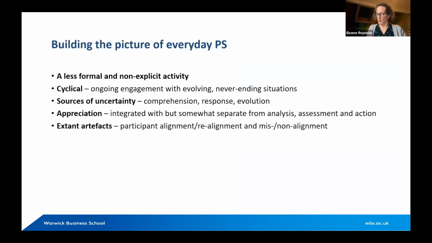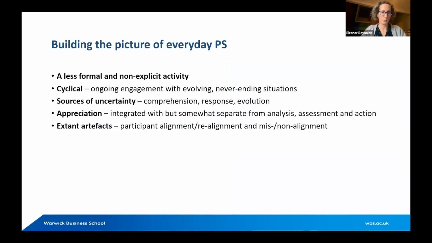So through these analyses, I'm beginning to build a picture then of everyday problem structuring. There's that initial analysis, broadly looking at the data and saying, is problem structuring actually happening here? How is it different from what we might expect to see? That brought to me the ideas that it's a less formal and non-explicit activity, that it's cyclical, there's an ongoing engagement there.